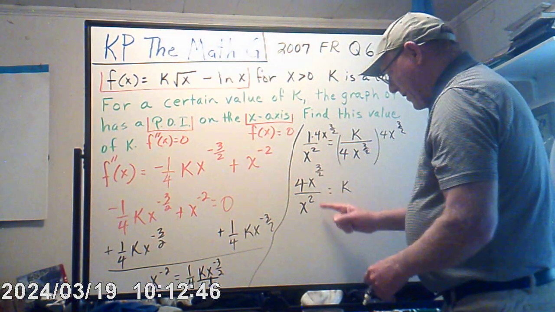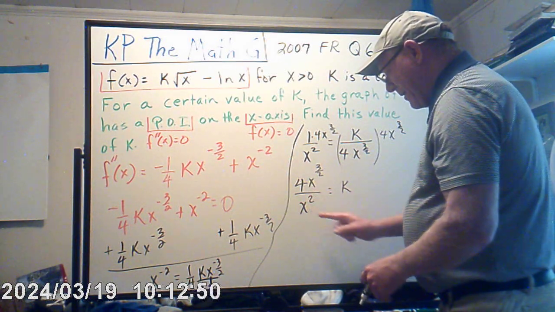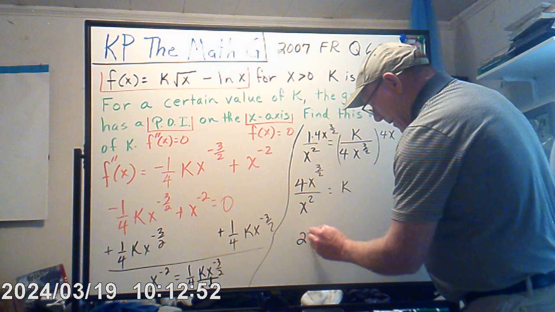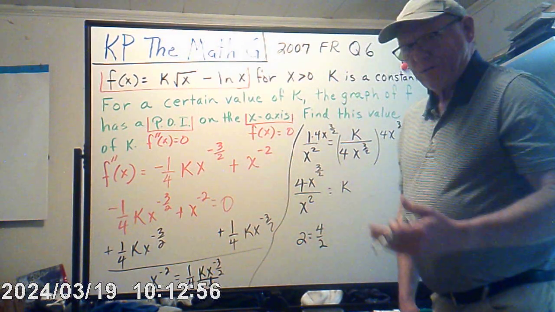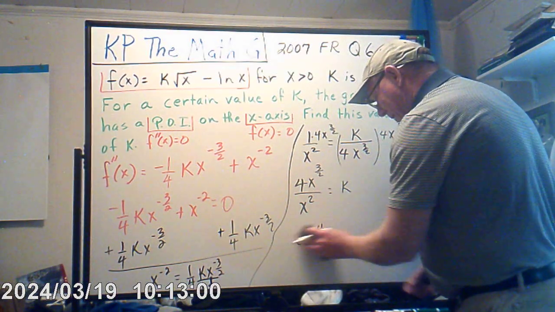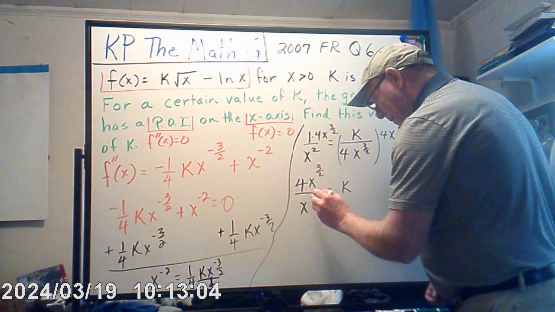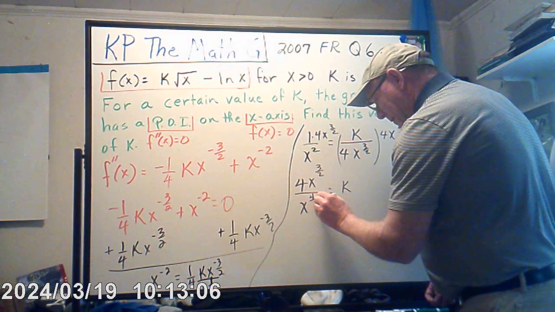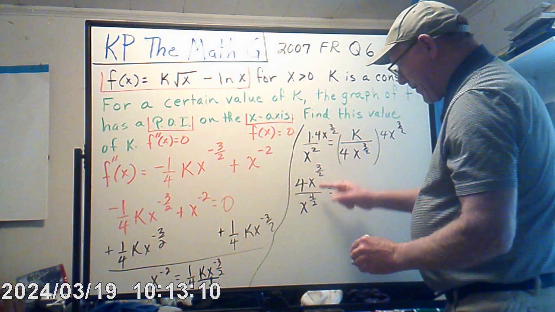I want to get this in terms of halves. 2 is equal to 4 halves, isn't it? Right? So 4 over 2 is 2. Alright, so I'm going to make this 4 halves. And when I subtract these exponents, 4 minus 3 is 1.